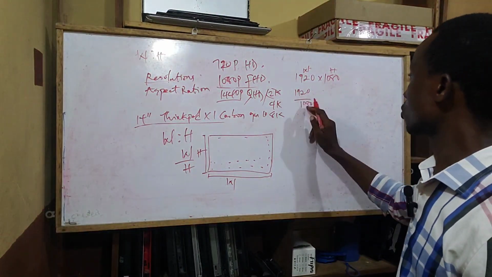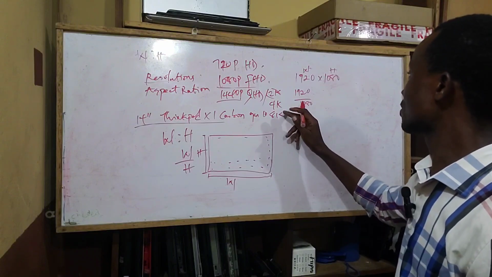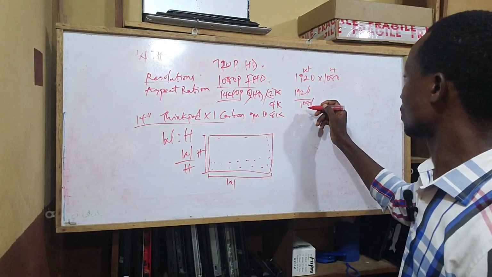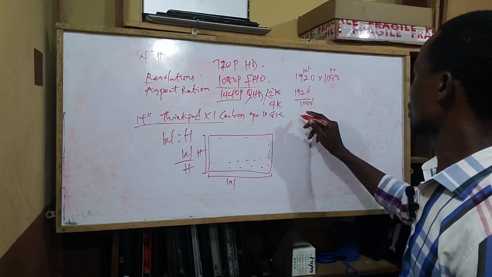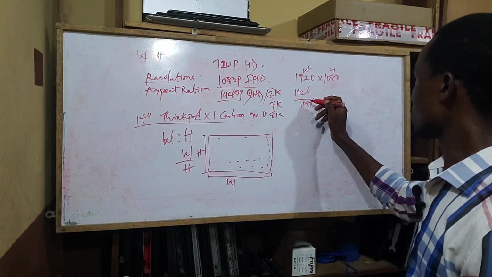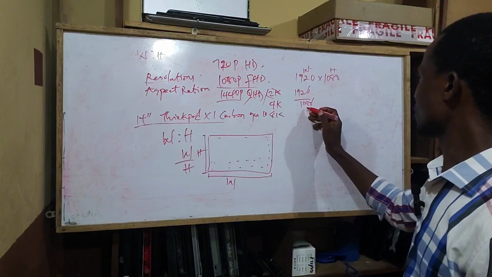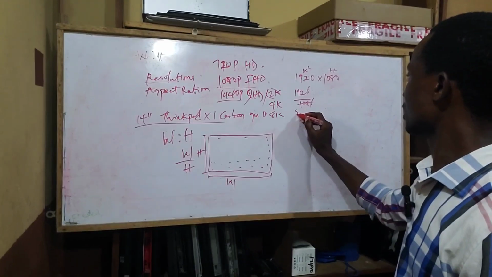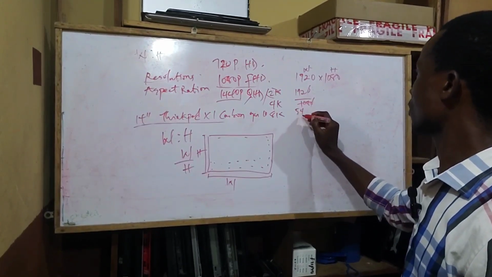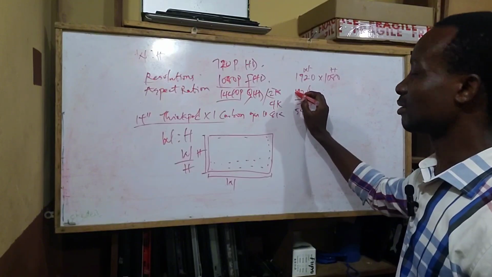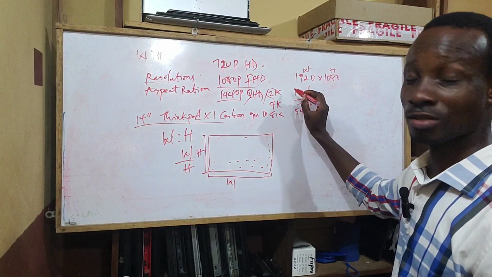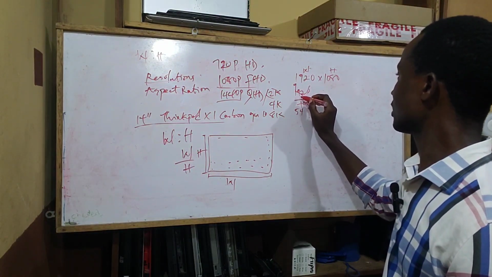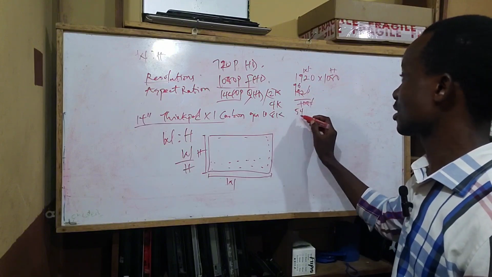So this is 1920. How can we divide this? Let me cancel the 0, so 0 gone. Then 192 over 108. What can go here? Can 3 go? Let me use 2. 2 into 192 is 96, and 2 into 108 is 54.